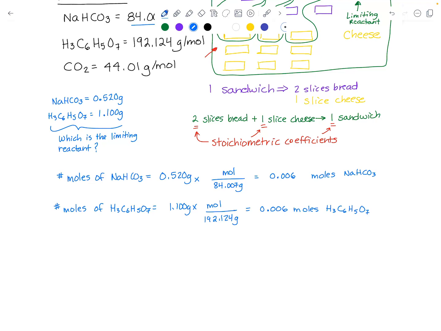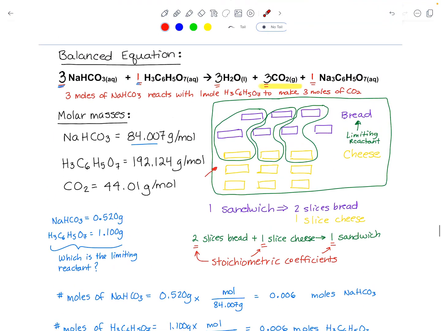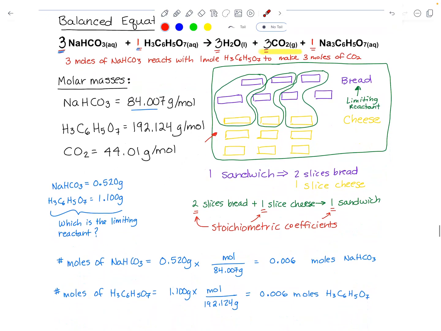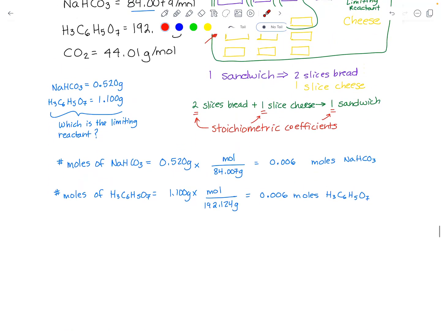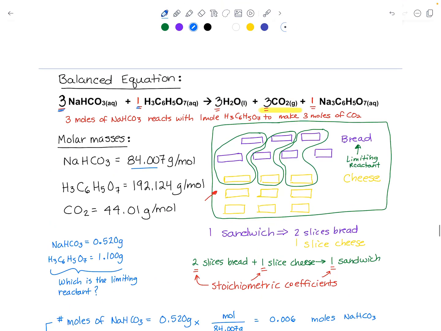Now, so we have an equal number of molecules of these two things, but remember that I need 3 times as many sodium bicarbonate as I do citric acid to react. So let's figure out how much product we can make in terms of moles, okay? So from each of these, if I use up and react all of the sodium bicarbonate, 0.006 moles sodium bicarbonate, and what I want to make is my product, a mole of CO2.